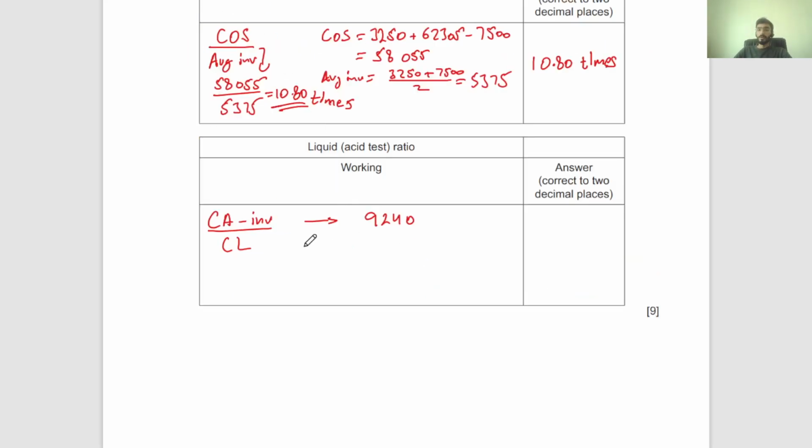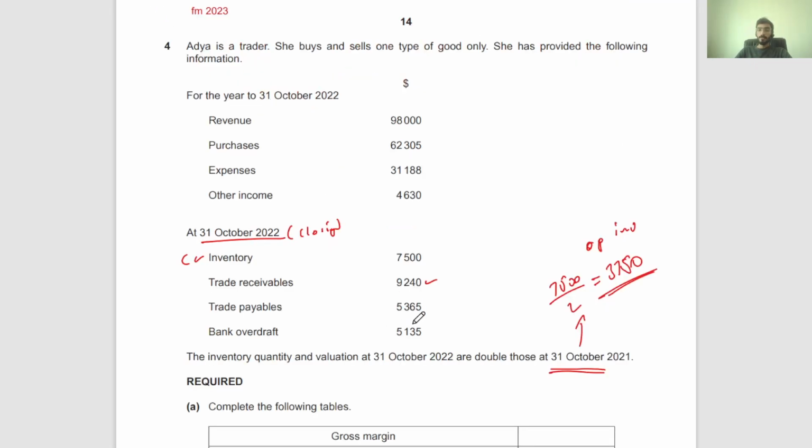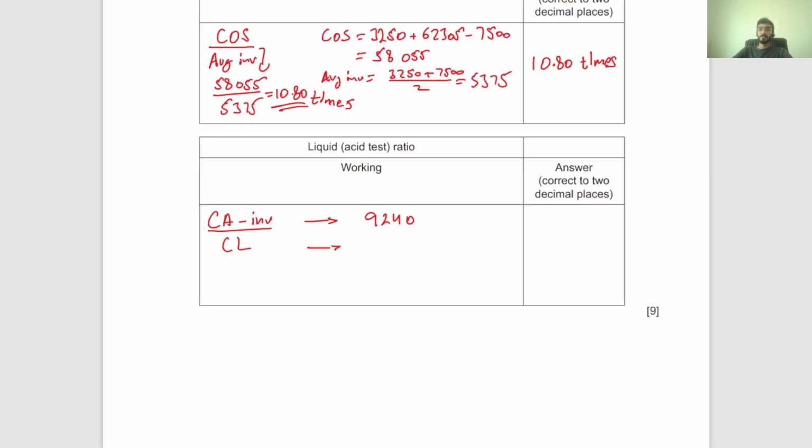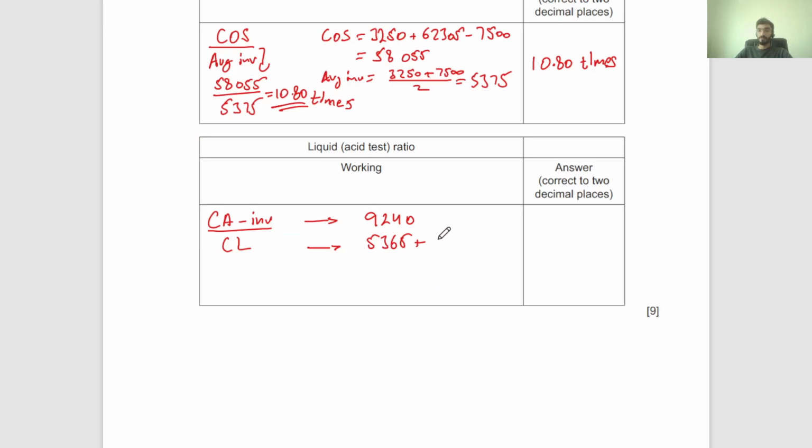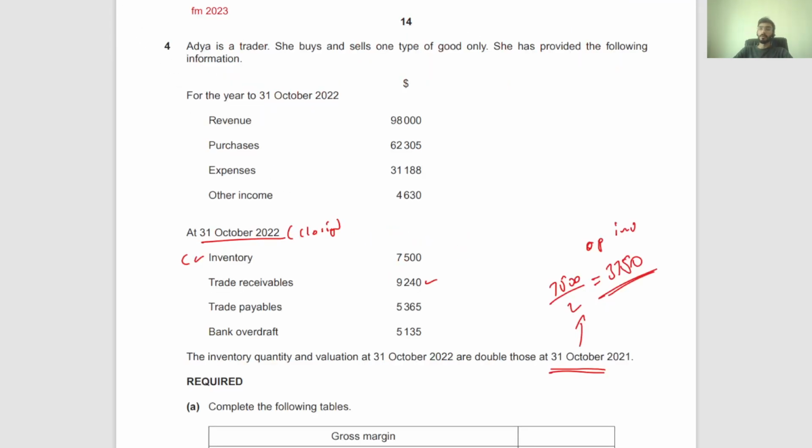And for the current liabilities, we have trade payables and bank overdraft: 5365 plus 5135. That looked like a 6, so let me change it. 5365 and 5135, that's our current liabilities.